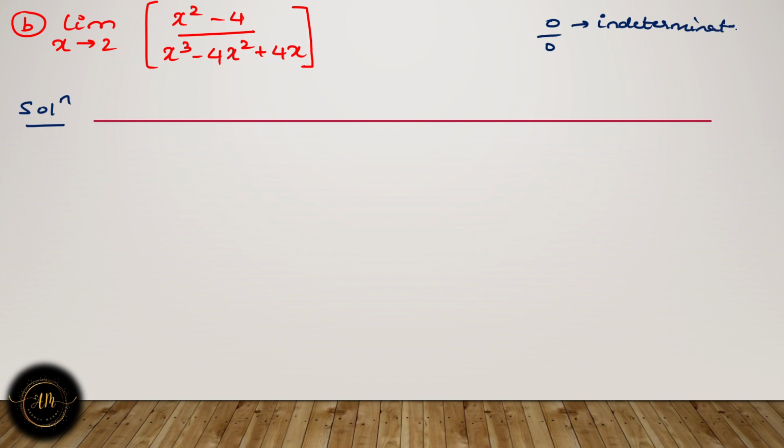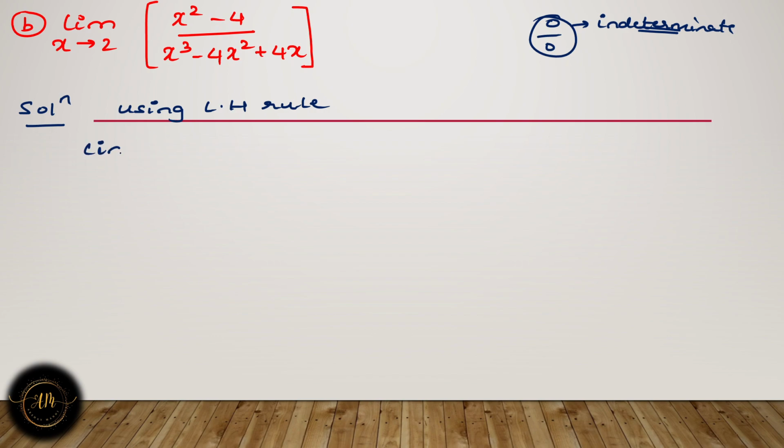When you are getting this indeterminate form, then you will use a rule called L'Hospital's rule, and you have to mention it. What does L'Hospital's rule say? Differentiation of the numerator divided by the differentiation of the denominator, then apply the limits.